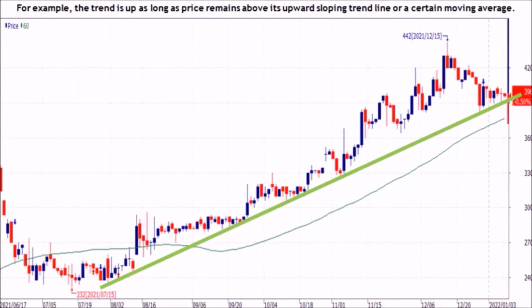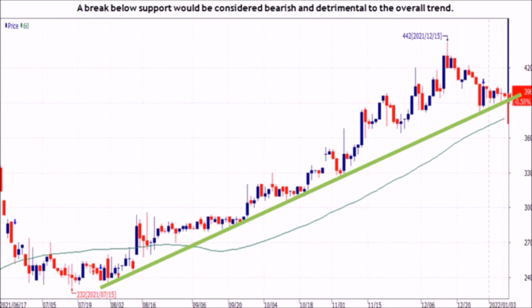For example, the trend is up as long as price remains above its upward sloping trend line or a certain moving average. Similarly, the trend is up as long as higher troughs form on each pullback and higher highs form on each advance. Areas of congestion and previous lows below the current price mark the support levels.